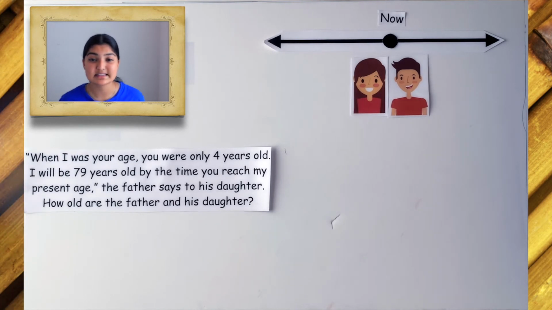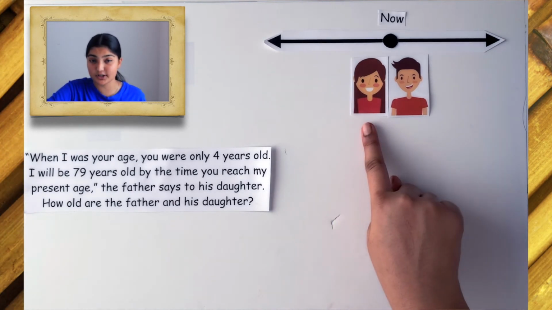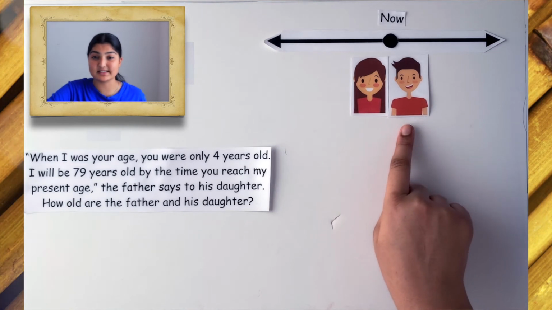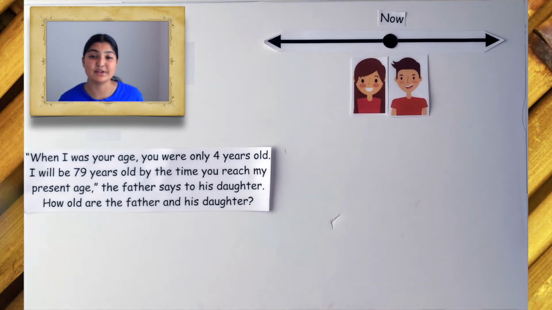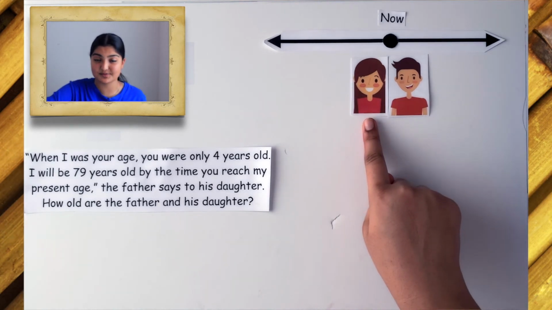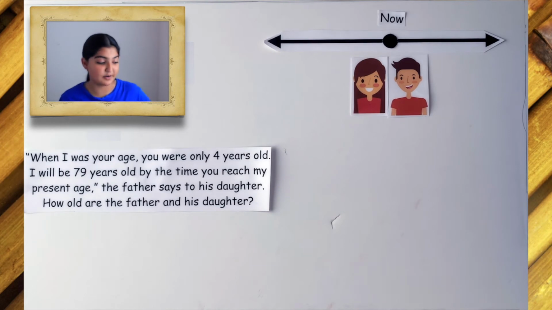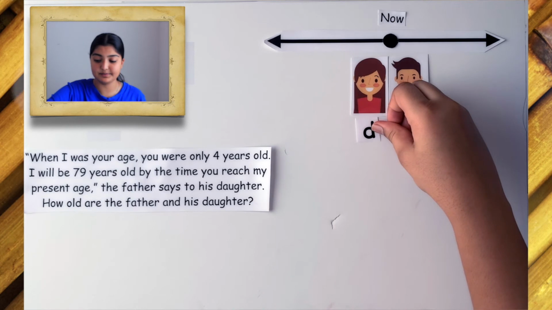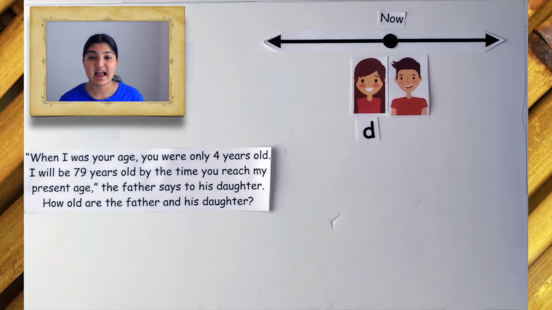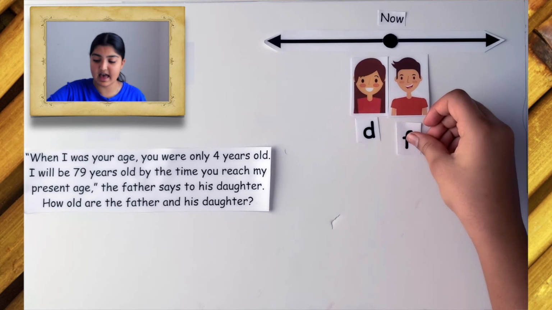So, let's assume the daughter and the father's ages by using a variable. We can assume the daughter's age by using the variable D. And let's assume the father's age with the variable F.